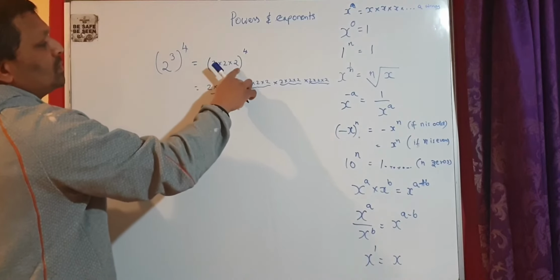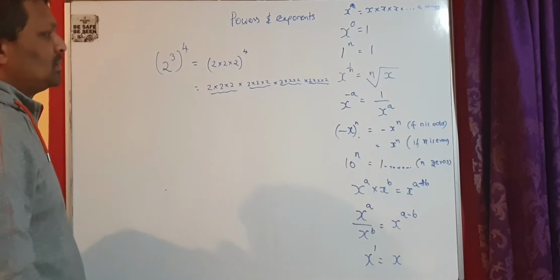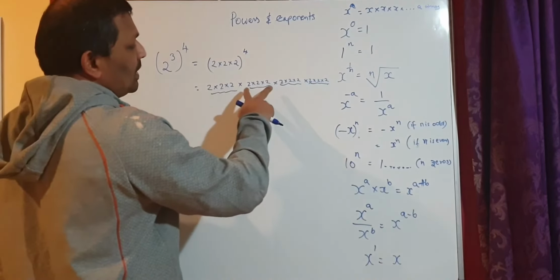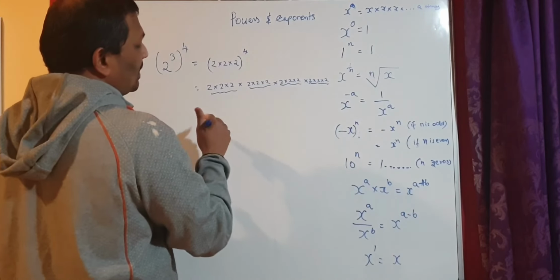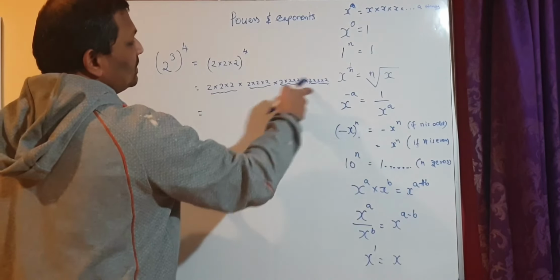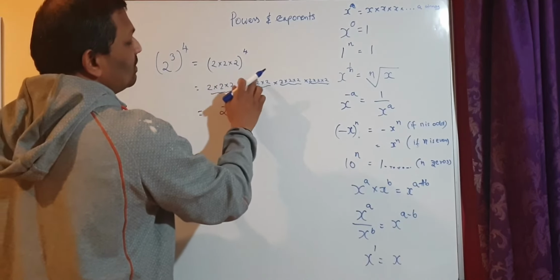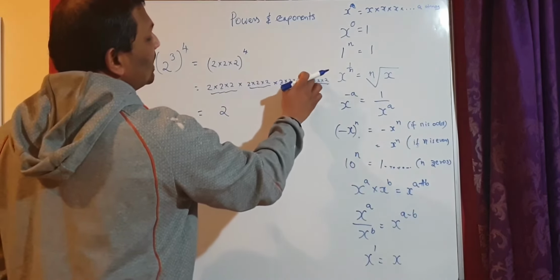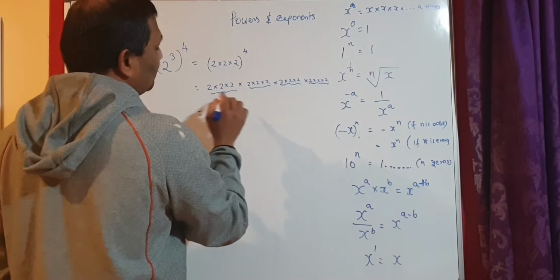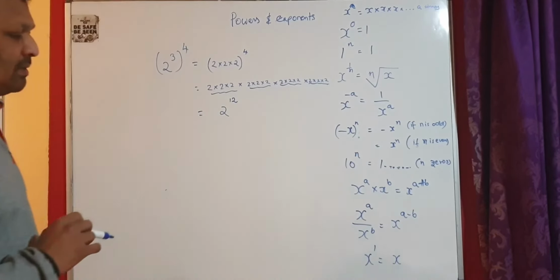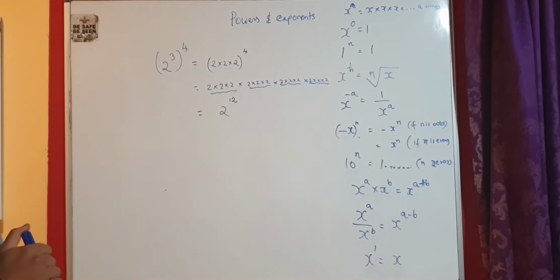So 2 into 2 into 2, whole to the power of 4. So we are multiplying 2 into 2 into 2 again by itself 4 number of times. So this whole multiplication can be written as, how many 2's are there? 1, 2, 3, 4, 5, 6, 7, 8, 9, 10, 11, 12, 2 to the power of 12. Okay, again there is a formula that we can derive from this calculation.